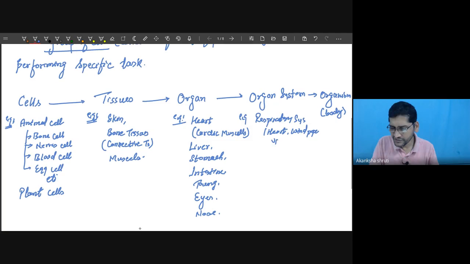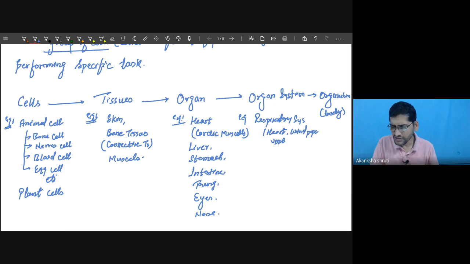The nose or the nostril where the air enters. So if we talk about the respiratory system, it includes our heart, nose, the windpipe, which is connecting the nose through the throat to the heart. Okay, which is here. It is this one. Even for purification, we have the lungs. So these organs are present in the respiratory system.